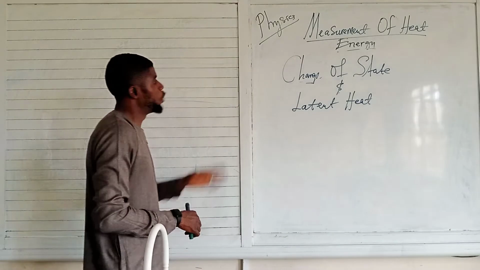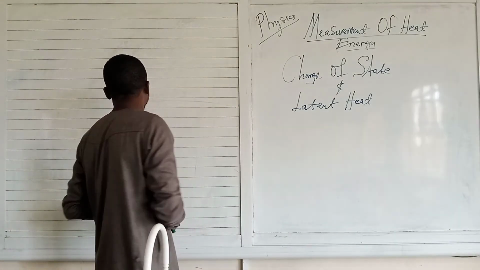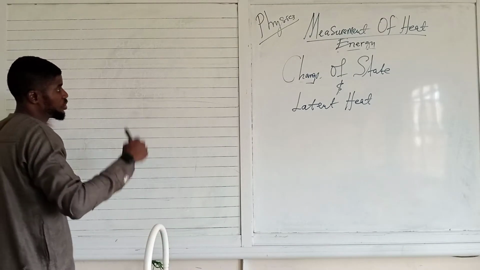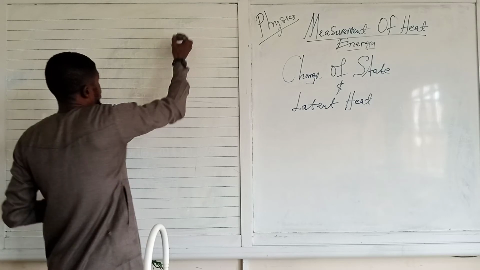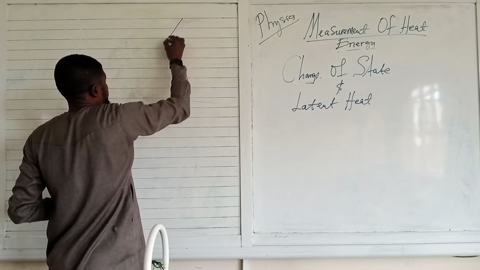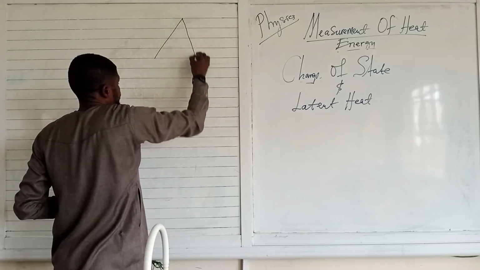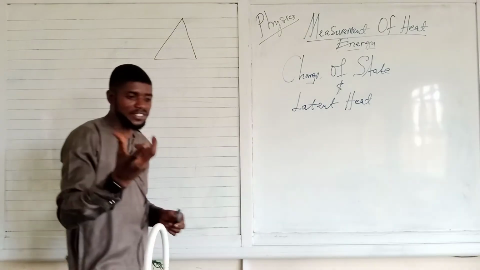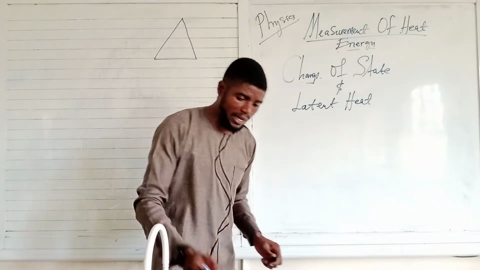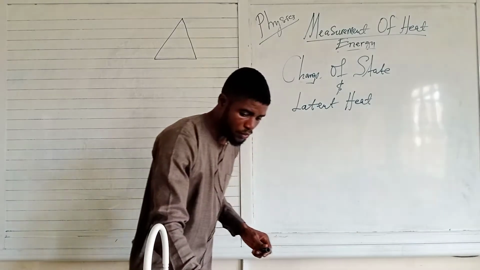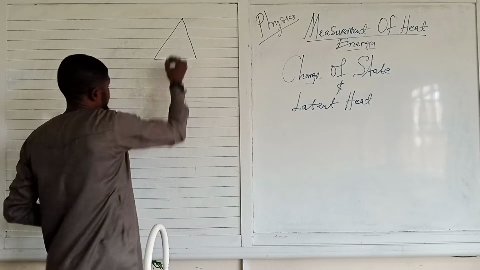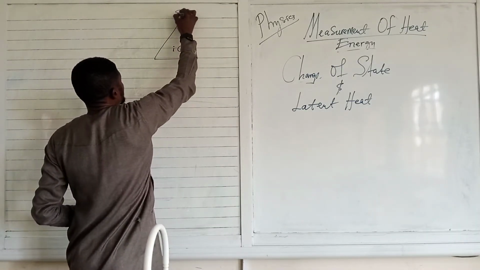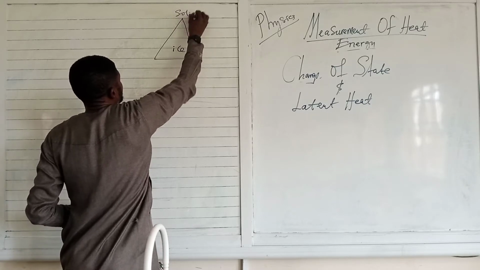I am going to draw two diagrams here to explain what I mean by change of states. Let's suppose that this is a triangle. For the sake of this video, I want to use ice as a case study matter to explain change of states. So let's say this is our ice, and so let's call this solid ice.